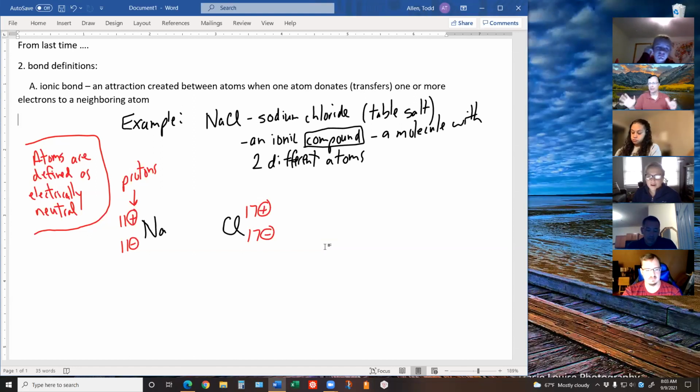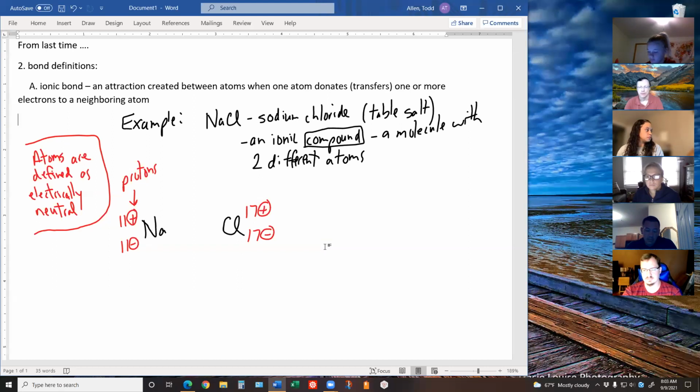And what we're trying to do is explain to you how the attraction between sodium and chlorine comes about. Why are sodium and chlorine attracted to each other? Because right now in the drawing, I'm implying that these two atoms are in fact separated from each other.